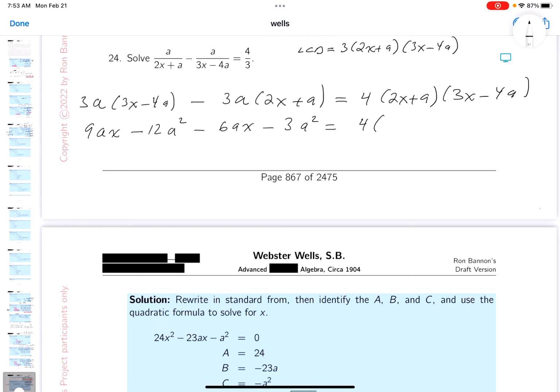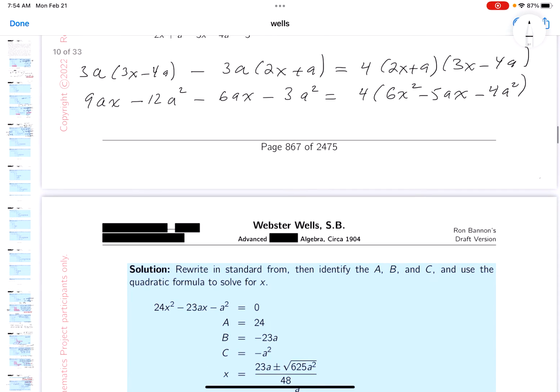That's going to be 6x squared minus 8 plus 3 is minus 5ax minus 4a squared. I'm still in the role of simplifications over here. And what do you get there? Well, let's take a look. 9ax minus 6ax is 3ax. Minus 12a squared minus 3a squared is minus 15a squared.